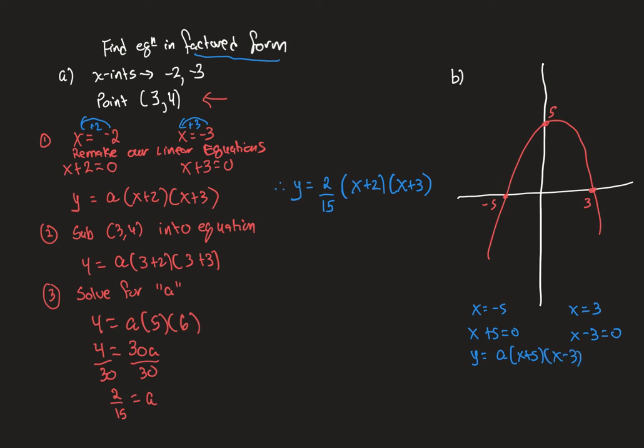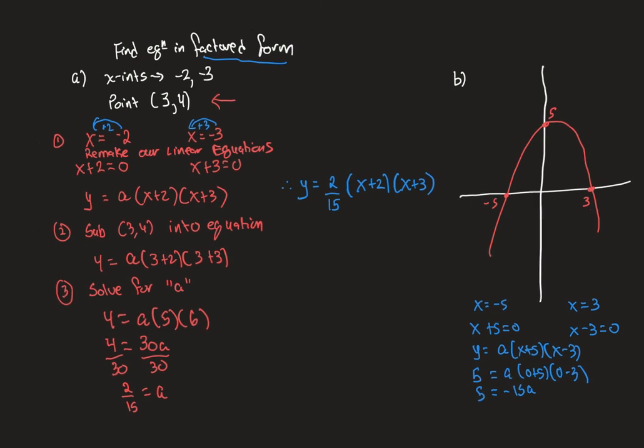Let's plug in a point. The point can come from anywhere on this parabola. The easiest one, though, is the y-intercept, because I know that's 0, 5. So doing that, 5 is equal to a 0 plus 5, 0 minus 3. 0 plus 5 is 5. 0 minus 3 is -3. 5 times -3 is -15.